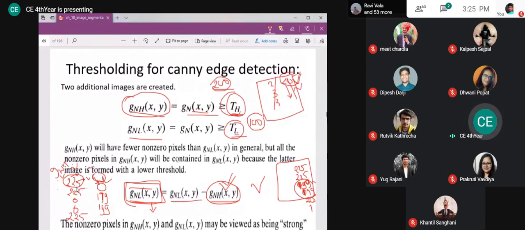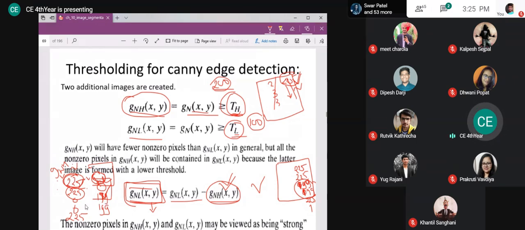I will check that location in my GNL, and I will check the 8 connectivity in the surrounding. Is there any pixel which is non-zero? If yes, then mark it, otherwise not. Here, the same location in my GNL is also 0 and its 8 connectivity is also 0, so I should not mark this pixel. But when I come to this pixel in the same GNL, same location, I should check its 8 connectivity, and yes, I will find this pixel as non-zero. Then I will mark this pixel, right?